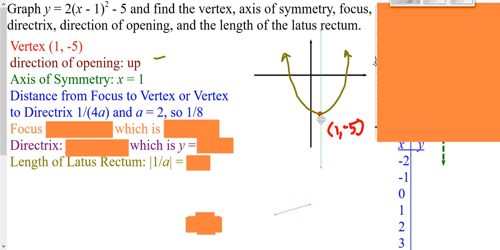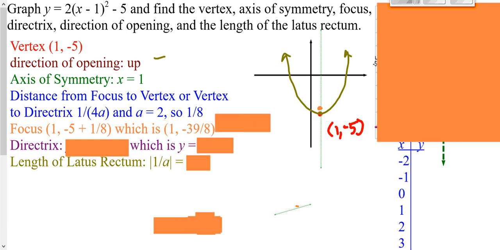So we have to go 1/8 of a unit up to get to your focus. I'll plot my focus, and that would be about here. Focus is a point. If I'm going straight up and down, I'm not affecting my x. And I was at -5, I have to go up that 1/8, so I take -5 and add 1/8, I get this.